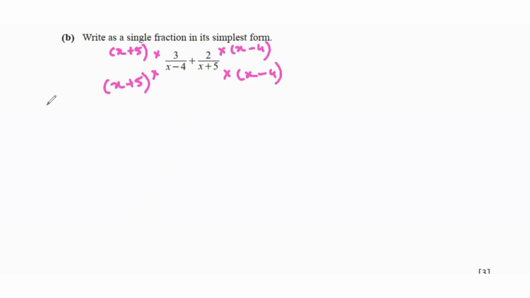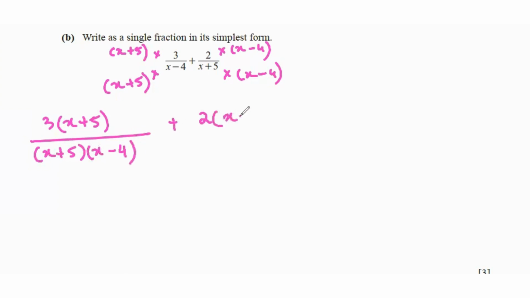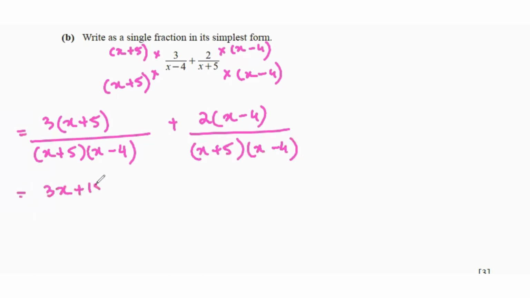So that will give us 3 times X plus 5 over X plus 5 times X minus 4, plus 2 times X minus 4 over X plus 5 times X minus 4. That's going to be 3X plus 15 plus 2X minus 8.